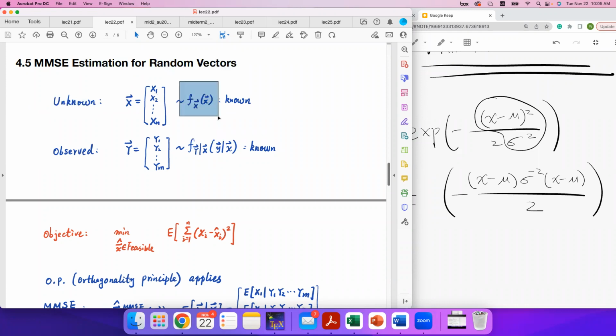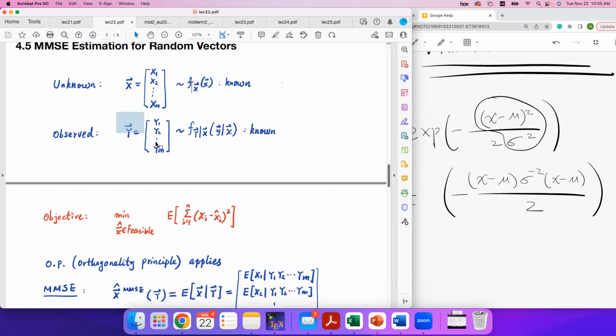This random vector has a certain underlying PDF. We observe another random variable y that comes from this conditional PDF. Now, given this observation, we want to build an estimator of X based on Y.